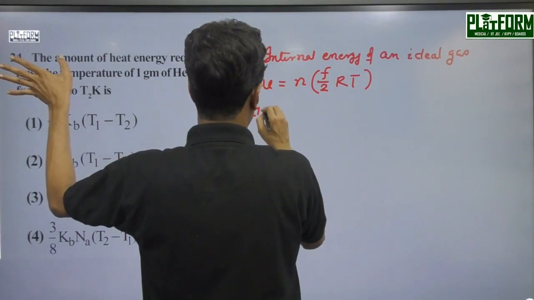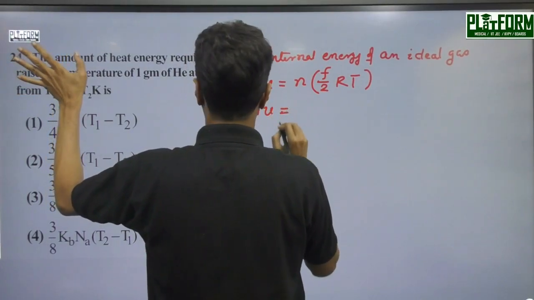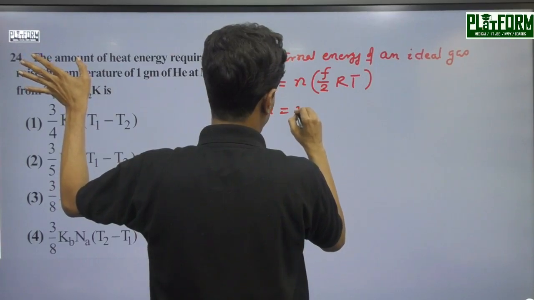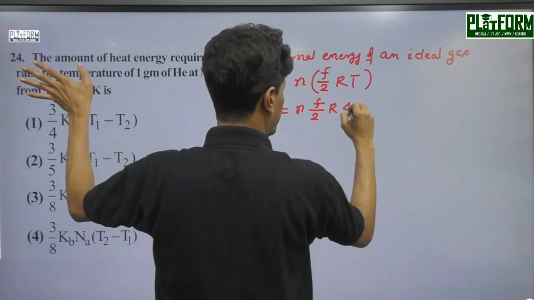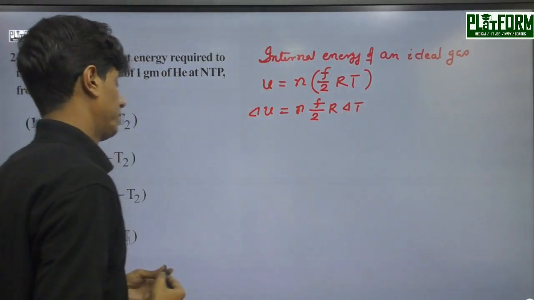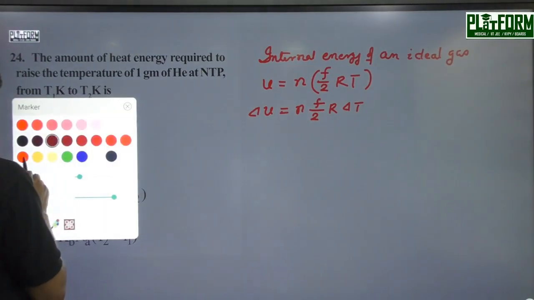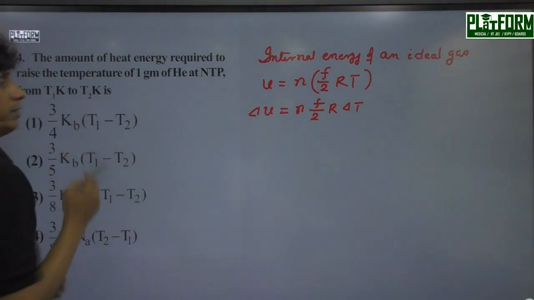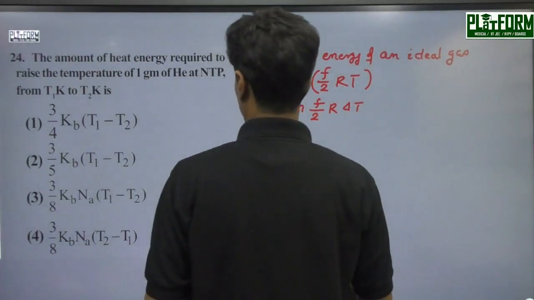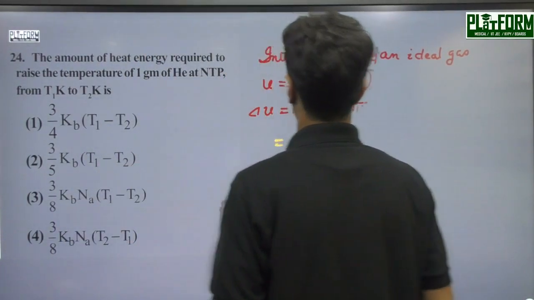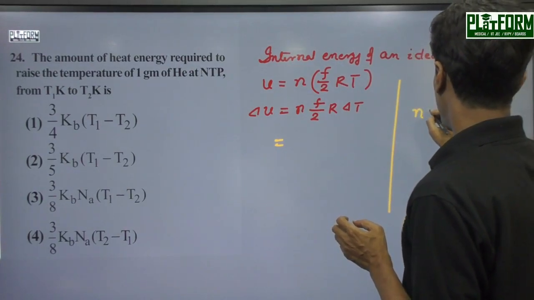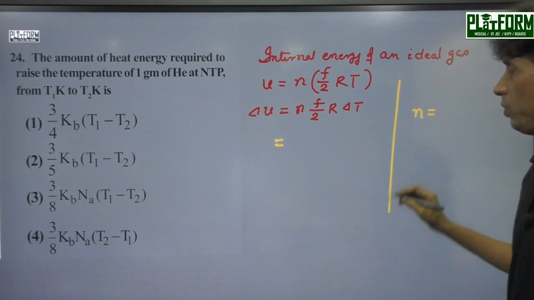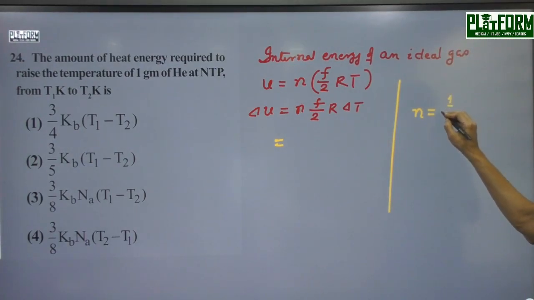If we want to change the internal energy, then we can say n f by 2 R into delta T. Number of moles of helium gas: 1 gram, molecular weight is 4.